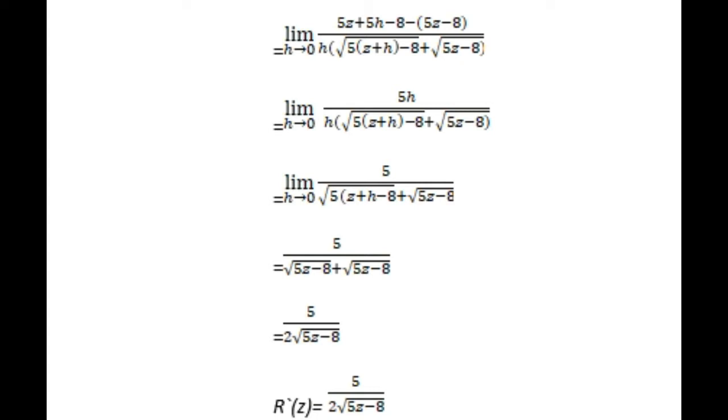Change h to 0, and it becomes 5 all over square root of 5z minus 8 plus square root of 5z minus 8, which equals, and the answer is r prime of z equals 5 all over 2 square root of 5z minus 8.